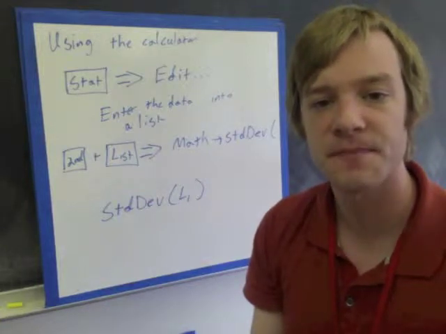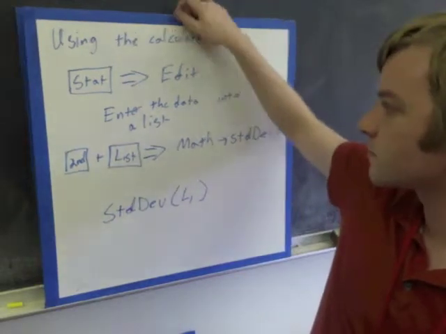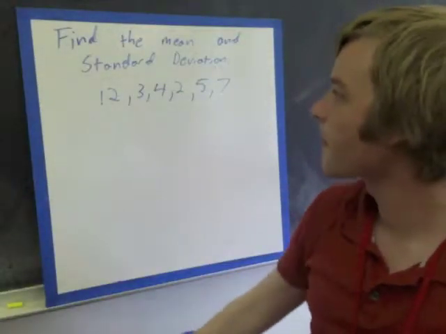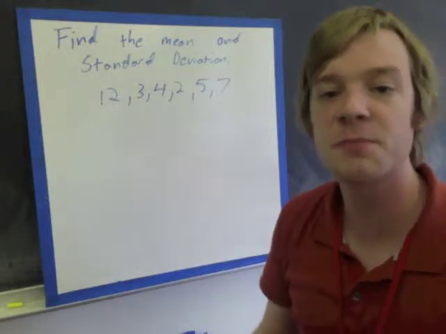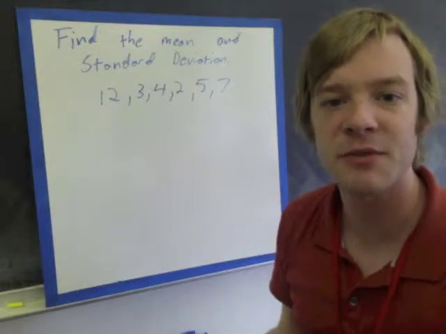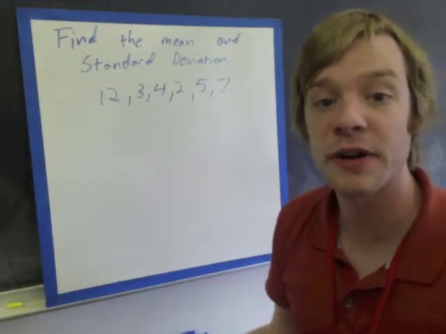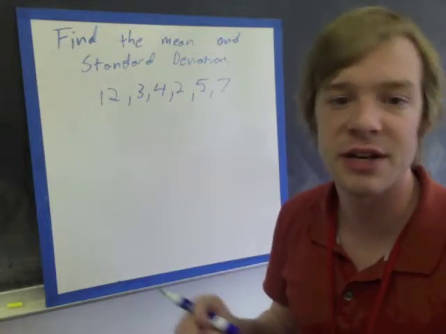So let's try this out with some actual numbers. Alright, here we're asked to find the mean and the standard deviation. This is pretty typical. Usually, and the vast majority of the time, anytime you're finding standard deviation, you're also finding the mean. So let's just calculate that out real quick. We're just going to add up all our numbers and divide by how many we have.